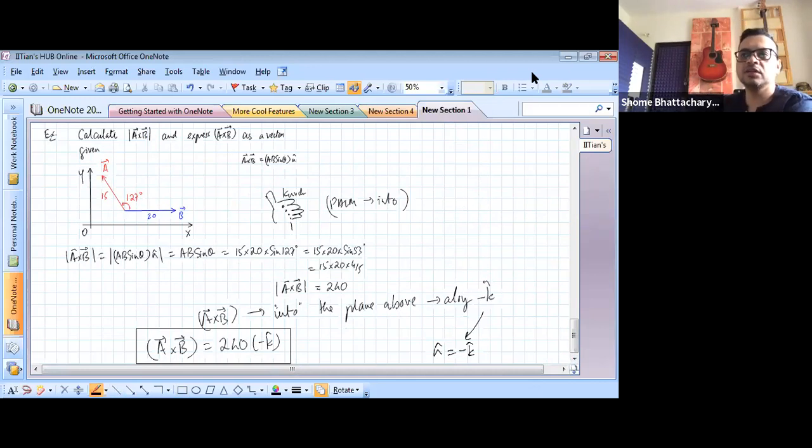So in this particular diagram, I have given the xy axis like this. So into the plane is now represented with which unit vector? Minus k. In the earlier diagrams, I had not given any xy axis, so I did not say it's minus k cap or plus k cap. I just said that it's coming out of the plane or going into the plane. But here we are given a reference of the xy axis, so immediately it becomes like this.